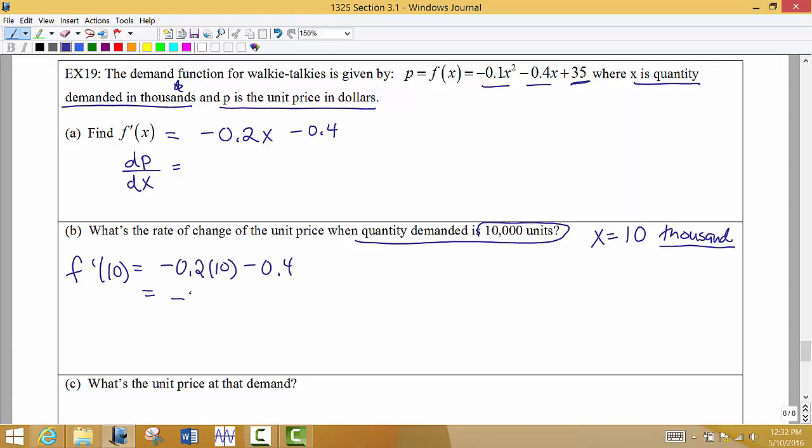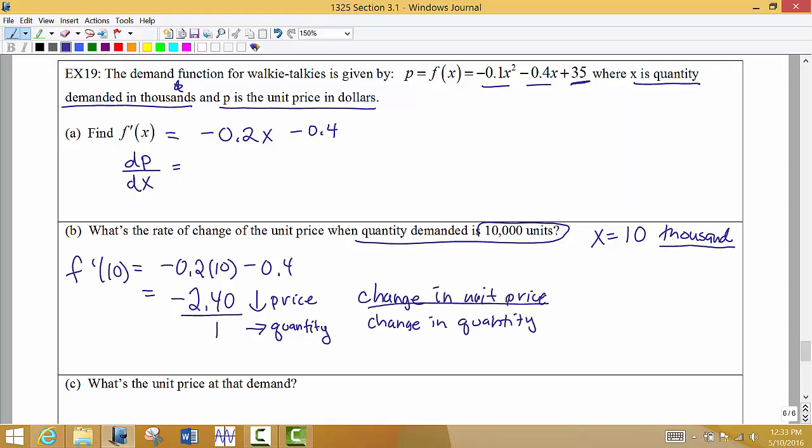When I do that, I get negative 2.4. I'm going to put a 0 there to represent the price. I'm going to think about this as a fraction because we're thinking about it in terms of slope. What this is telling me is how the price is changing corresponding to the quantity. What does this mean? Let me write this down in words.